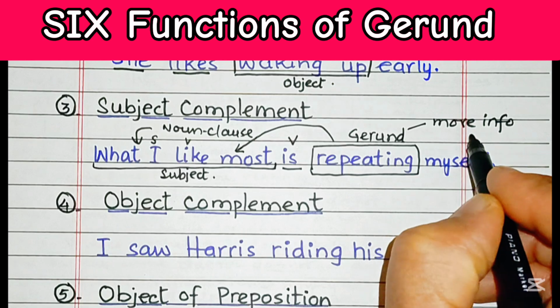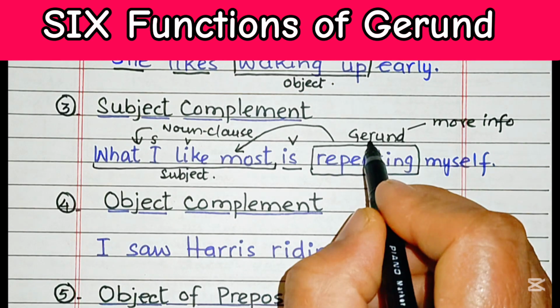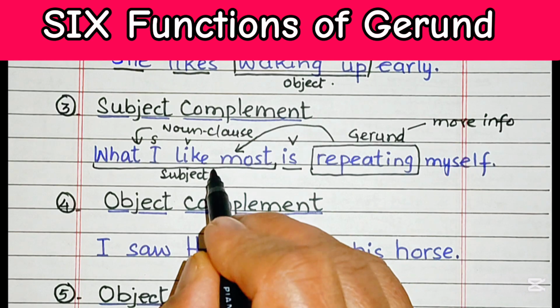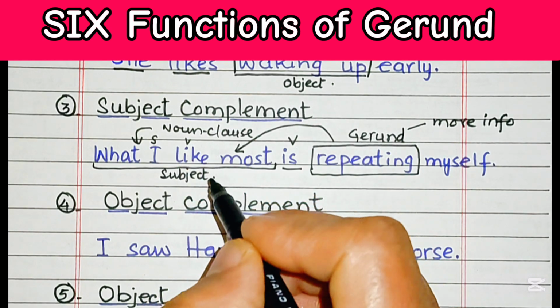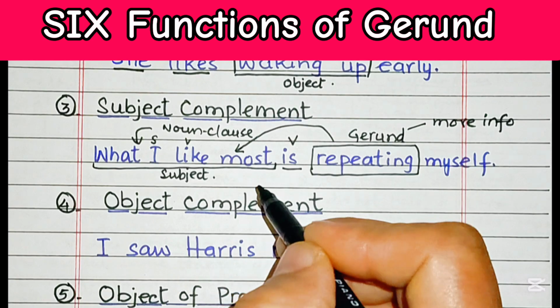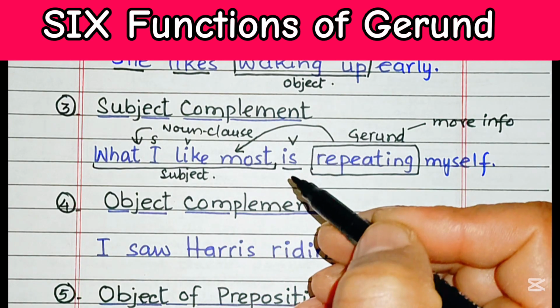So more information is being given by this gerund, that is repeating, and this is giving us more information about the subject. And so what I like most, and then you are actually telling me what you like most. You are giving more information about it.